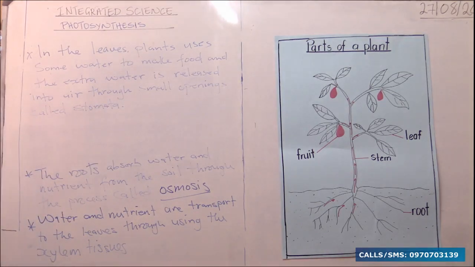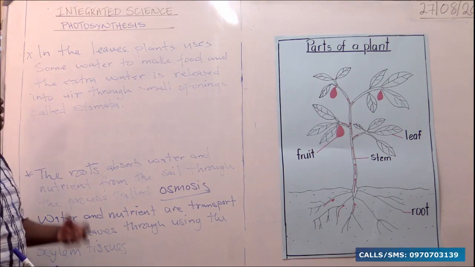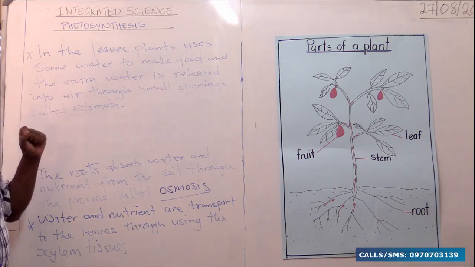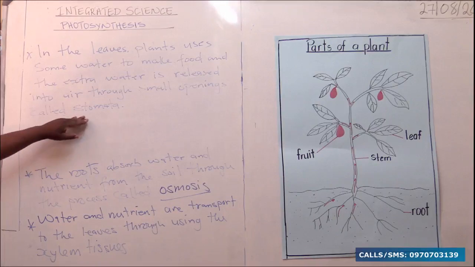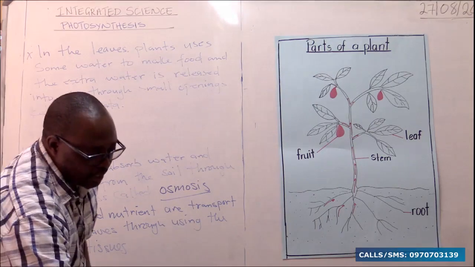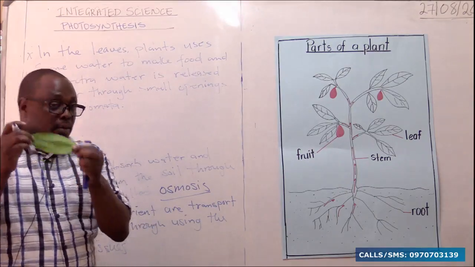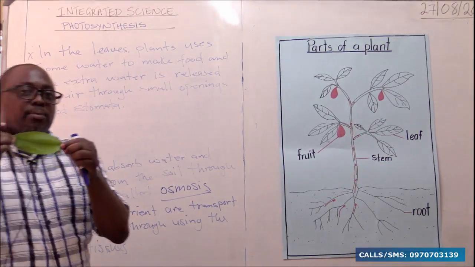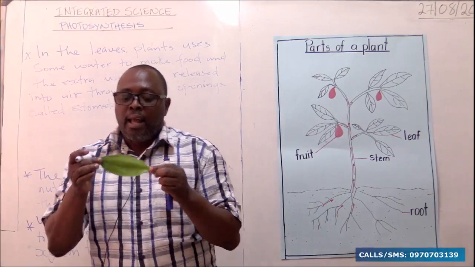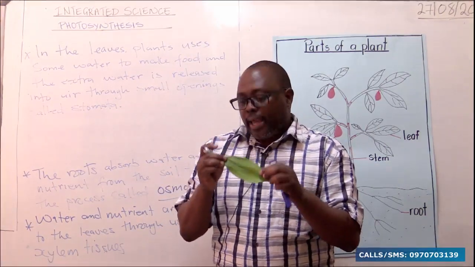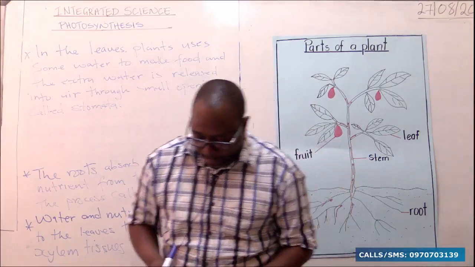Okay, in the leaves, the plants use some of the water to make food, and the extra water that remains in the leaves is released through the small openings called stomata. As I explained earlier on, the leaf has got small openings. We cannot see them, but they are there. So the small openings that are found in the leaves are what we call stomata, releasing water into the atmosphere.